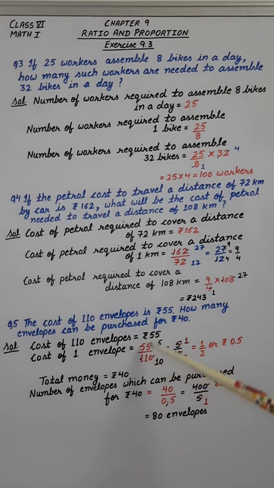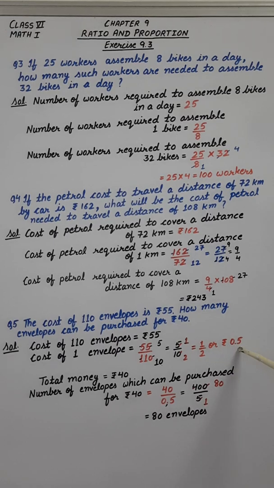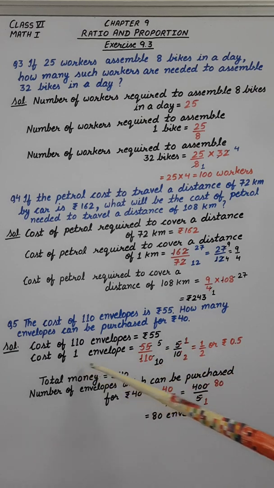Let's reduce these numbers by 11. 11 fives are 55 and 11 tens are 110. And 5 upon 10 can be reduced directly by 5. 5 ones are 5 and 5 twos are 10. So the result is 1 by 2, or we can write it in decimals, rupees 0.5. So when we divide, the answer is 0.5. This is the cost of one envelope.